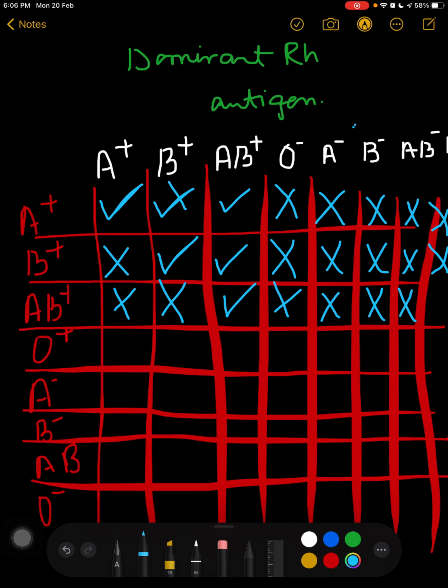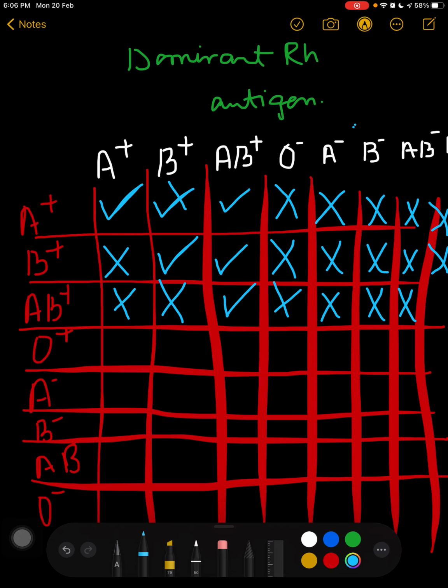It can also give to B because O doesn't have any kind of antigen, right? So here AB positive, it doesn't have any kind of antibody over here, so it can also give, right.